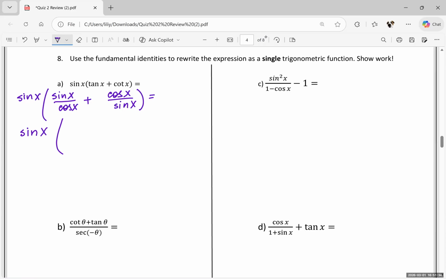So the first fraction I would have to multiply by sine x over sine x. So this is sine squared x. Plus, the second fraction I would have to multiply by cosine x over cosine x. So this is cosine squared x. And the common shared denominator is sine x times cosine x.